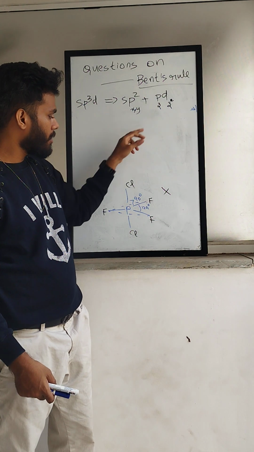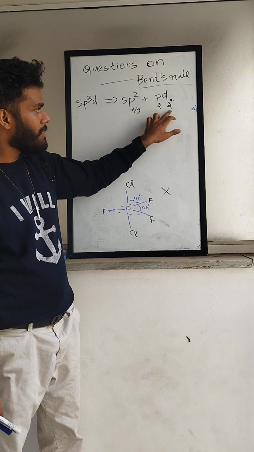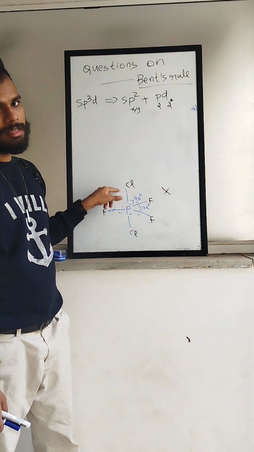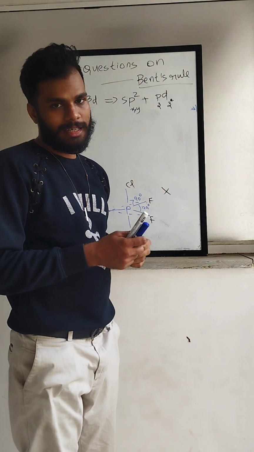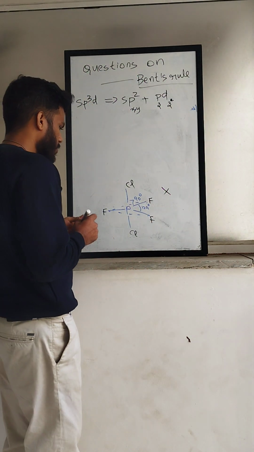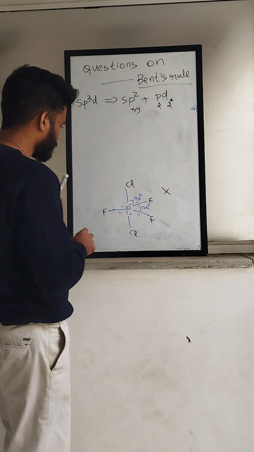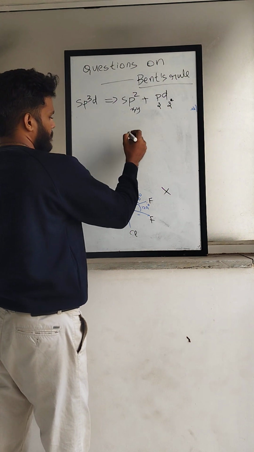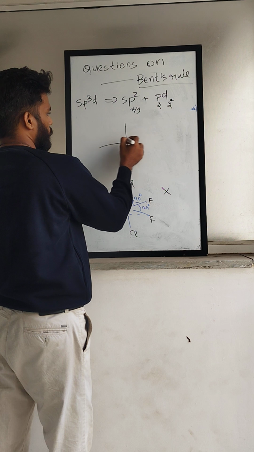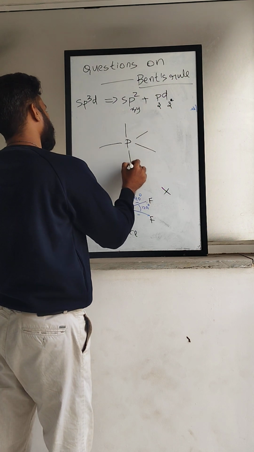But what I'm saying is that the z axis orbitals will be predominantly pz and dz square. Okay, so in that sense, I have P here, correct?